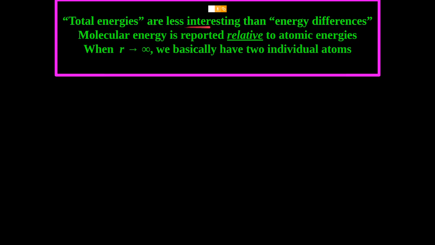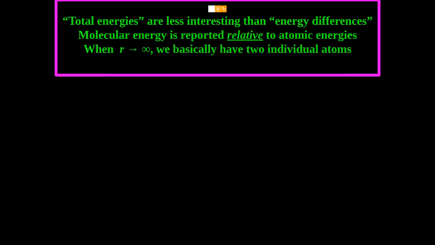Total energies are less interesting than energy differences. I can give you the total energy, the sum of all electronic energies of all the electrons in my entire body, and you can calculate my total electronic energy. The fact that I have a lot of energy is a subjective matter in some sense. What's more interesting is my energy relative to other people.